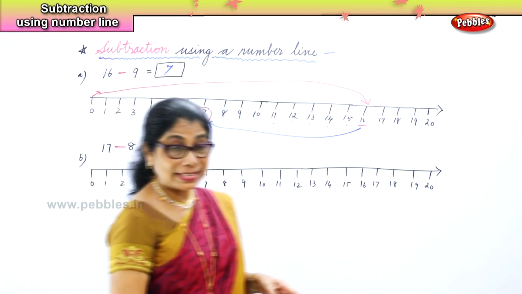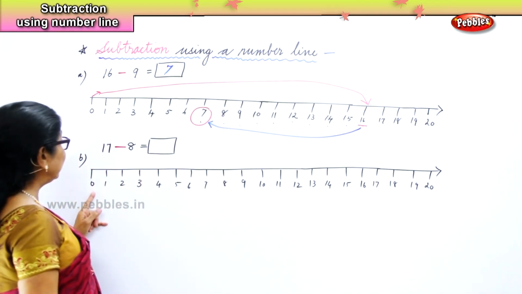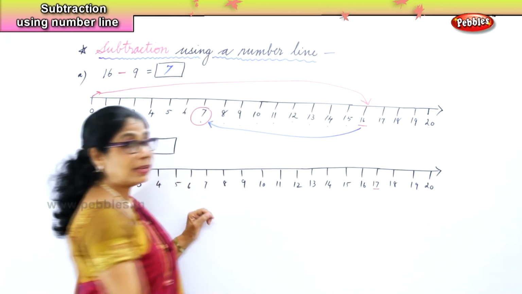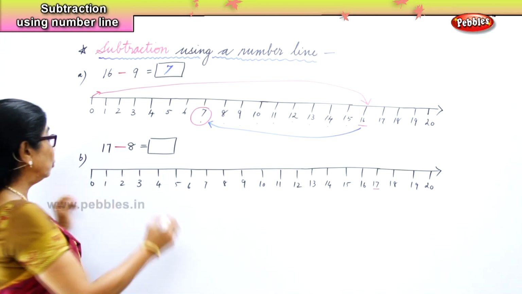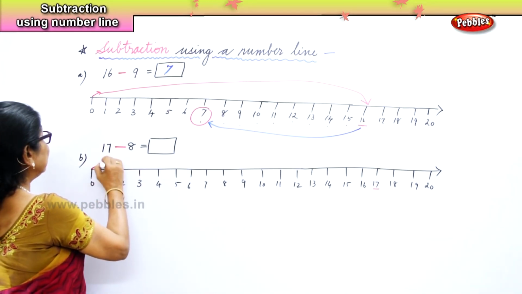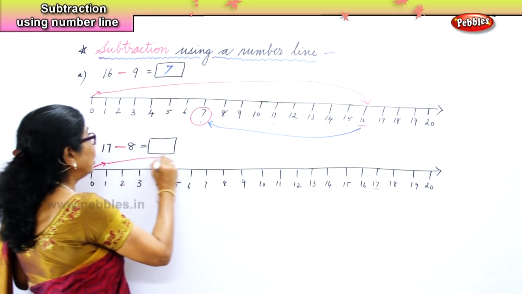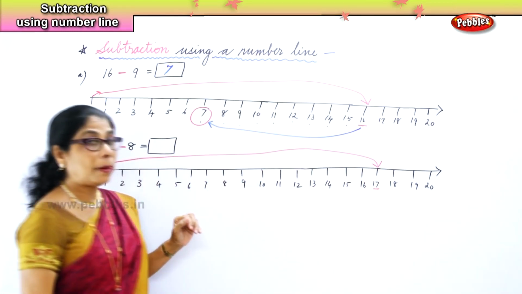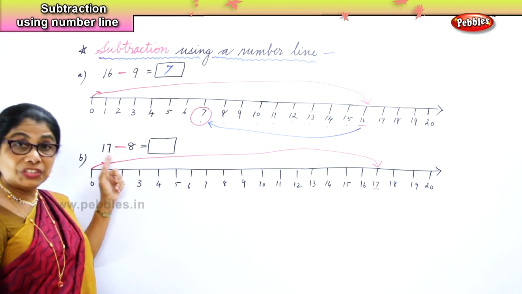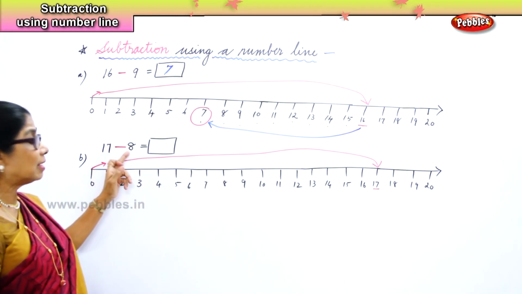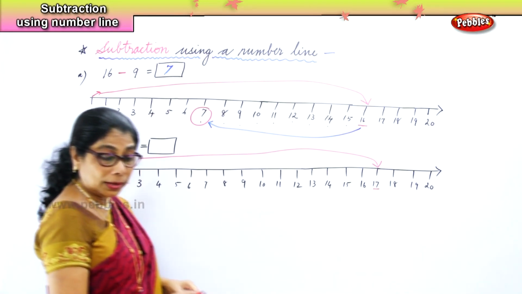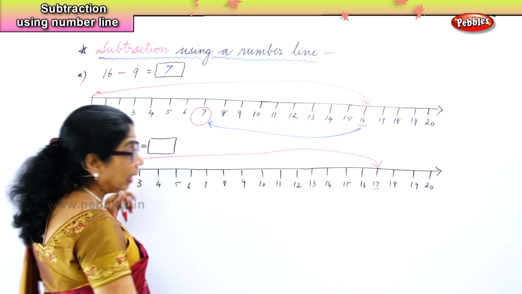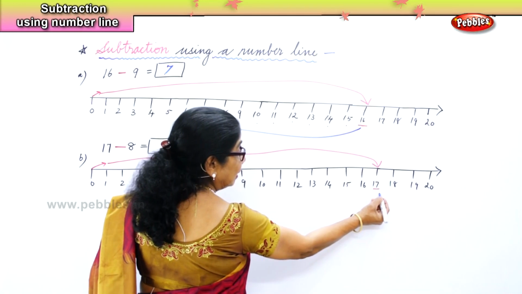Alright? 17. From 0, you have to jump up to 17. The arrow starts from 0 and goes right up to 17, because the sum says 17. Then you must count backward 8 numbers, minus 8. So 17 is the number starting.